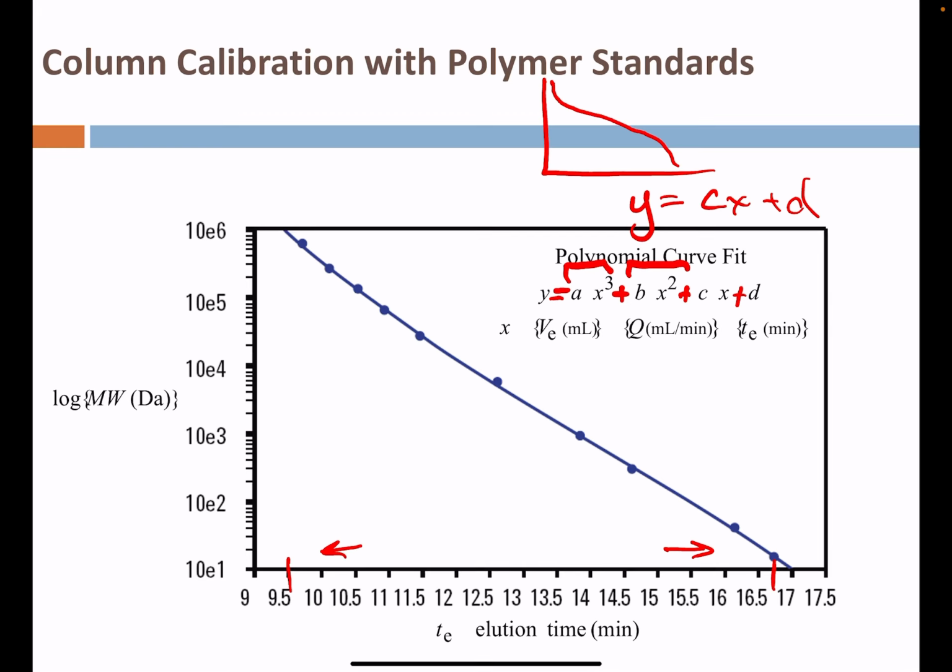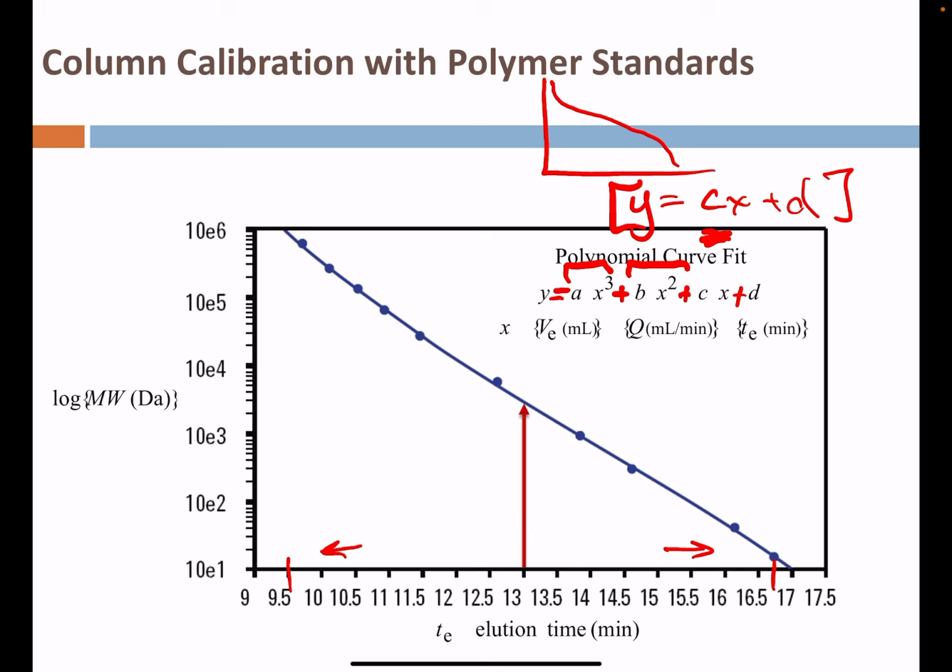Okay, mostly linear, so that is to say the coefficient on the term x here is going to be the dominant one. Those on the second and third order terms are going to be minor, but still allowing for a little bit of curvature in the calibration curve. So third order polynomial fits are typical for calibration curves in the GPC technique.